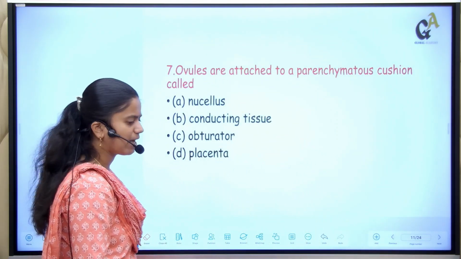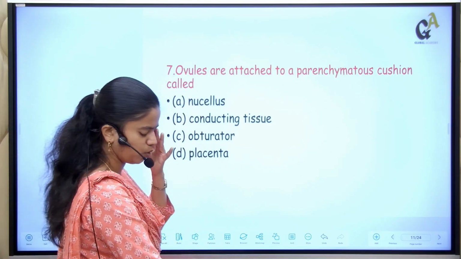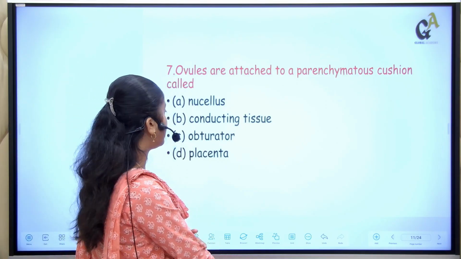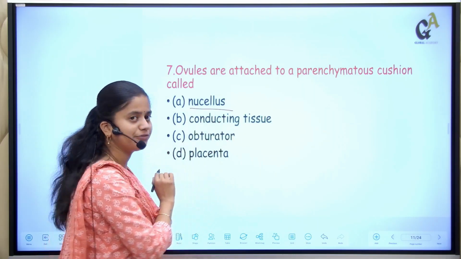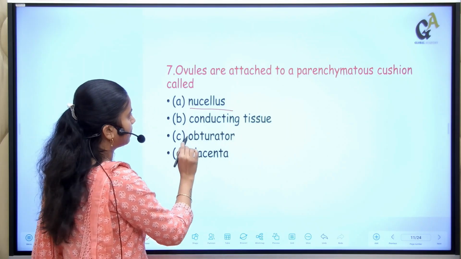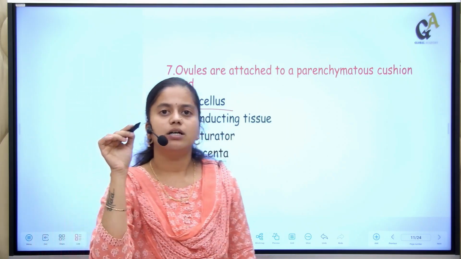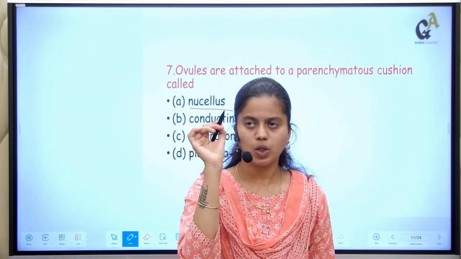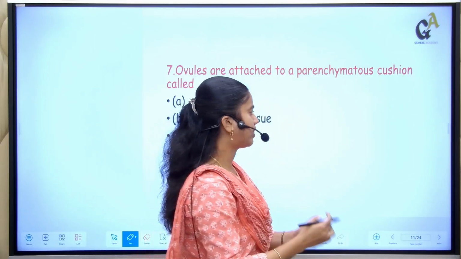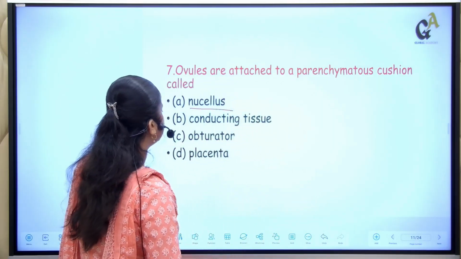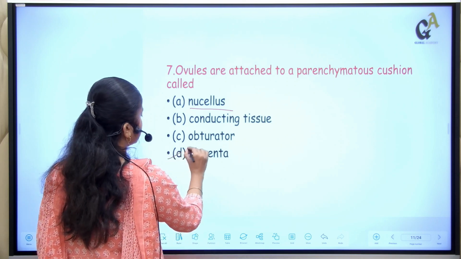Next, ovules are attached to a parenchymatous cushion called. See, nucellus is a part of the ovule. Conducting tissue is the part where the anther lobes are connected, two anther lobes are connected. Then obturator is also a part of the ovule, and the last one is the placenta.